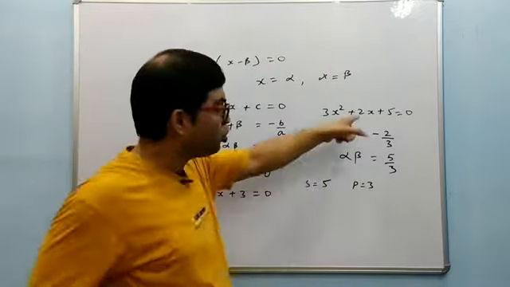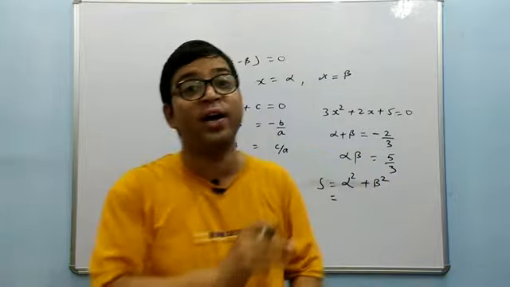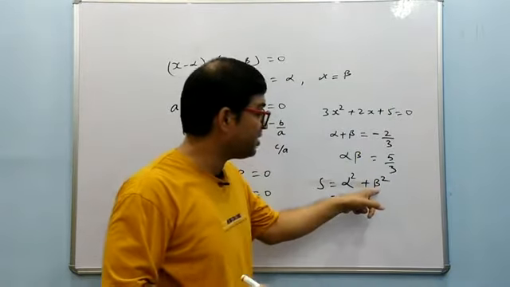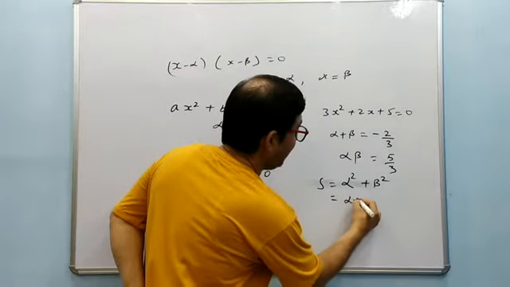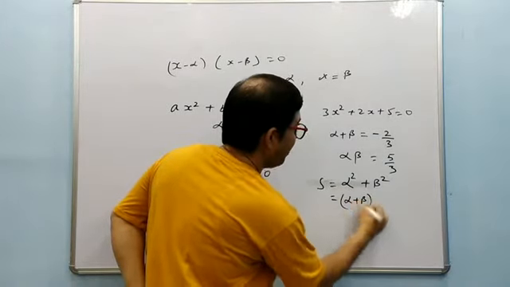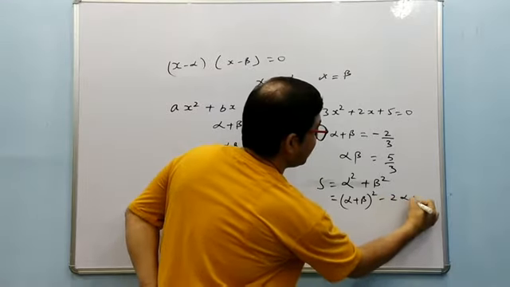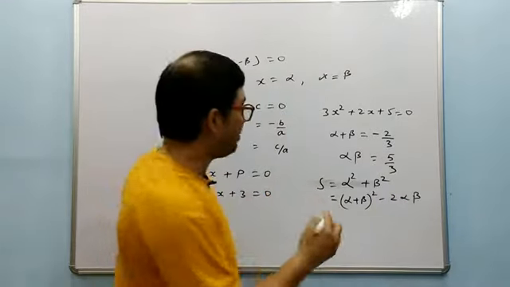So this is S. We have to manipulate this in terms of the given resources, and the given resources are only alpha plus beta and alpha into beta. If we just consider it as a square plus b square, it will be in the form of (a plus b) whole square minus 2ab. We got the value of alpha plus beta.